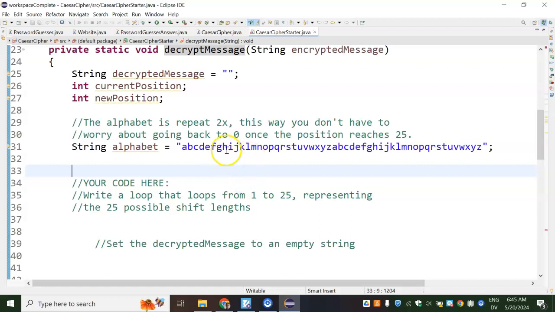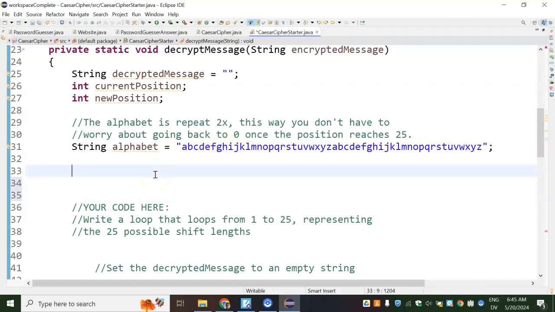Okay, so the concept is, if we do this by hand, it's a good way to think of it. Let's see an example here. Let's say the message is hi and our shift is 5. We would just take this H, find where H is, whatever index this is, and then add 5 to it. Go down 1, 2, 3, 4, 5, and that would be an M. I guess I'm decrypting it here, not encrypting it, but whatever.